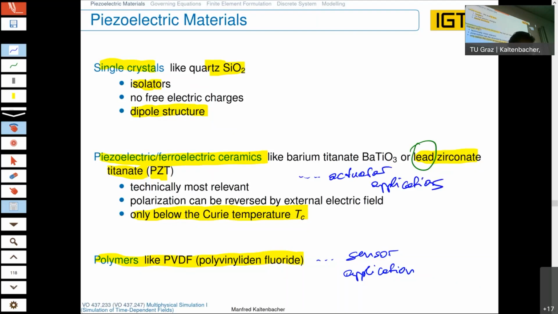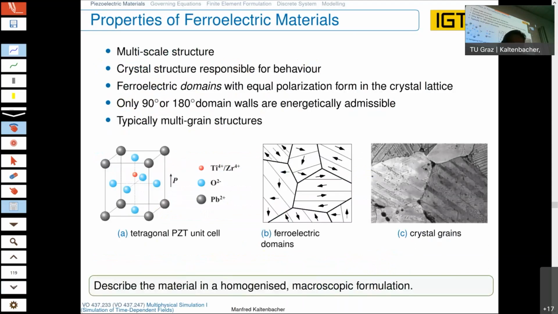Okay, so let's have a closer look at such ferroelectric materials. Actually, we have a multi-scale structure, and it is very difficult to bridge the gap between the atomic level and a real material, for example a cantilever.